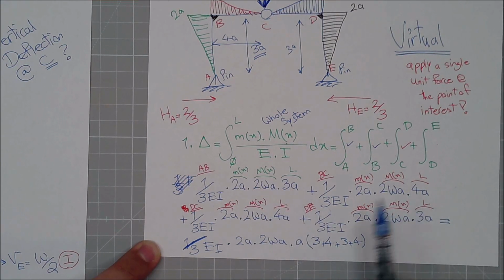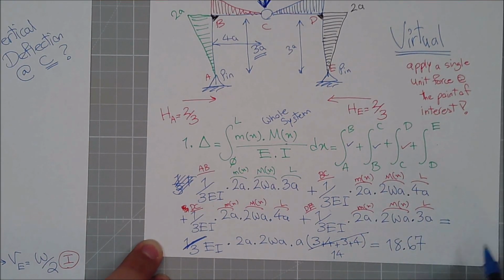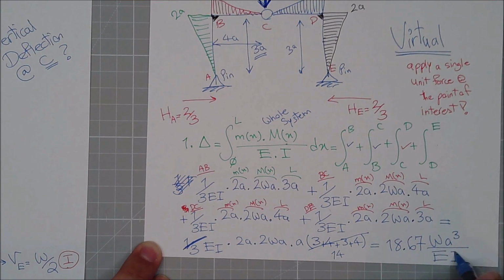So this and this and this and this equals, all of these will be 4 and 4, 8 plus 6, 14 times 2 divided by 3. It will be 18.67 w a to the power of 3 divided by EI.